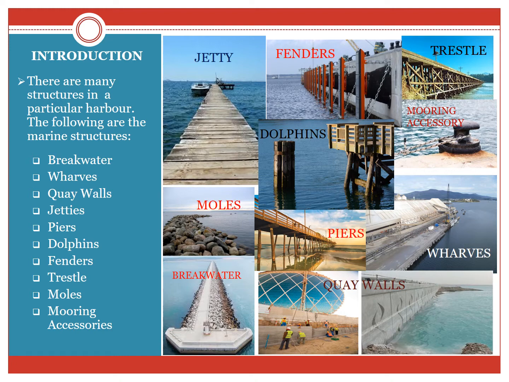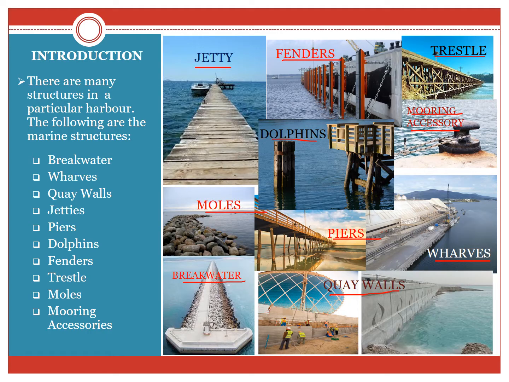Now, as you can see in these figures, these are the individual harbor parts: jetty, fenders, trestle, mooring accessory, dolphins, moles, piers, wharfs, quay walls, breakwater, etc.